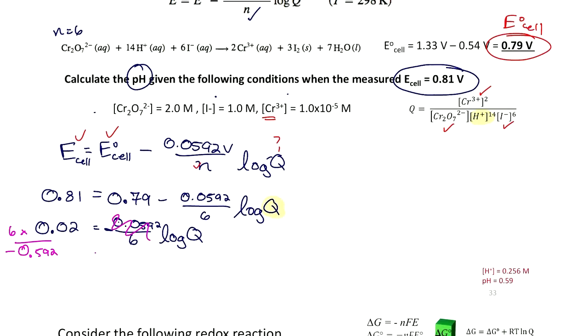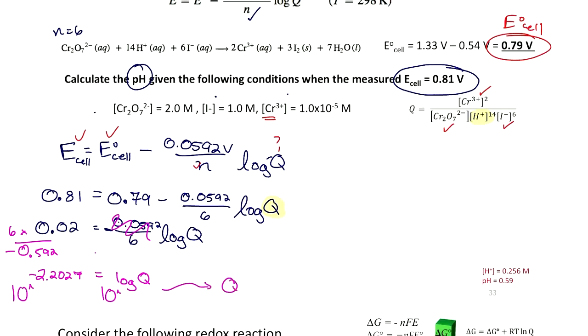On the left side, I get negative 2.2027 equals log Q. All right, how do I get rid of a log? 10 to the, yeah, so if you do 10 to the both sides, you get rid of that log.